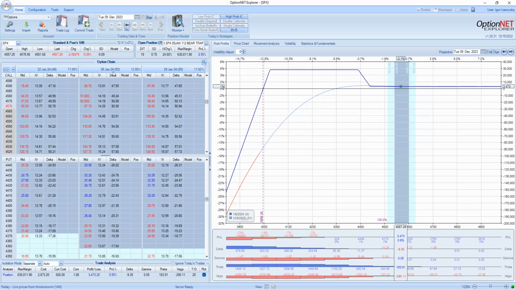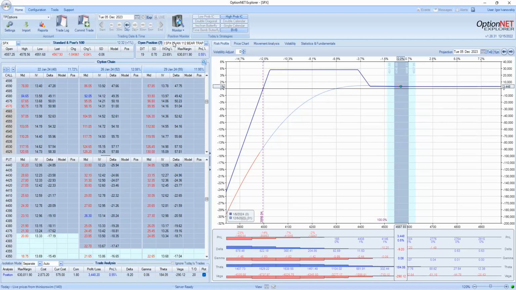So the best way to get to where you want to go is to look at the DTE. So here we have 52 DTE, and that's going to give you your target expiration cycle. So 52 DTE is our target expiration.